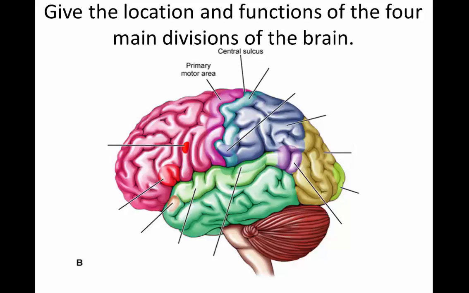But we have these regions like the primary motor area that is running right along the central sulcus, but is at the rear portion of the frontal lobe. We have the motor speech area, Broca's area, that, yes, plays a role in motor speech, so moving the muscles of our tongue and mouth, and it is in the frontal lobe, but running right along the temporal lobe because there are areas between those two lobes that are connected in order for motor speech to function properly.